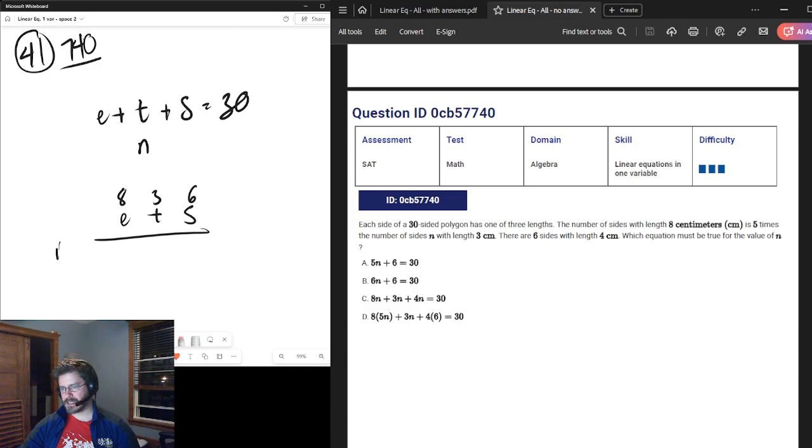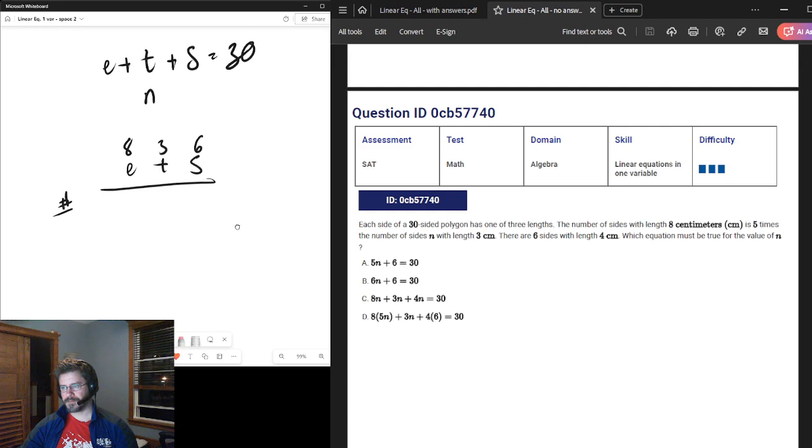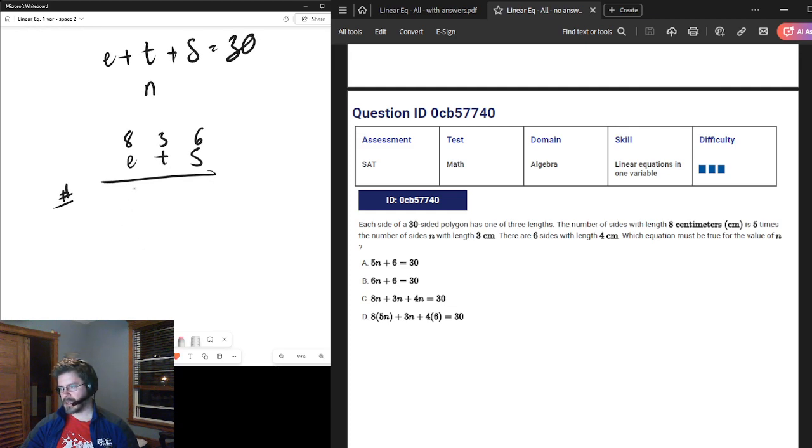So the number of sides is going to go over here. Here we have 5n, here we have n, and here we have 6. I'm mixing up my numbers here, sorry. There are 6 sides with length 4, so that should be not a 6 but an F. And there are 6 of them with length 4.